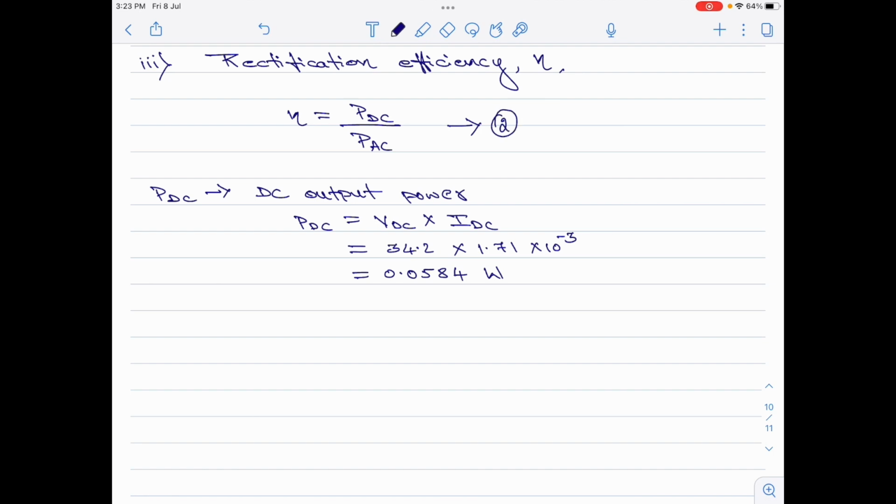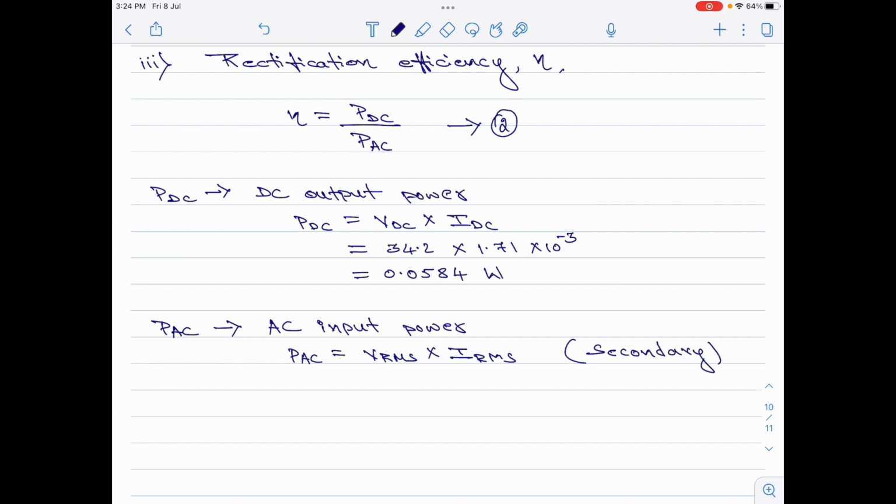Coming back to the equation for efficiency, which let me call equation 2, we have to now compute PAC. What is PAC? PAC is the AC input power and is given by PAC equal to Vrms multiplied by Irms. Please note this is across the secondary of the transformer. It should be noted that we have not computed the value for Vrms.